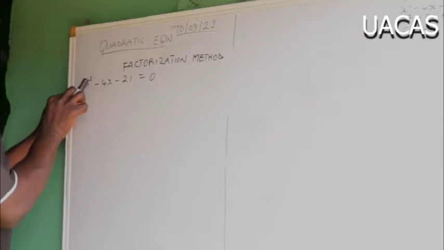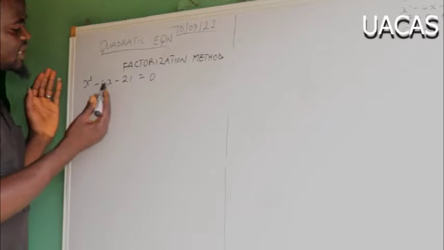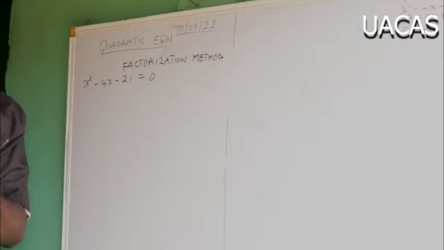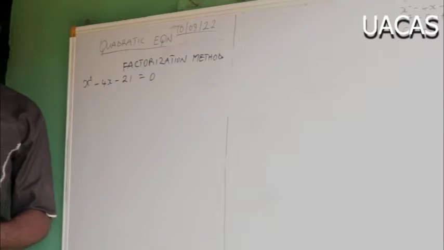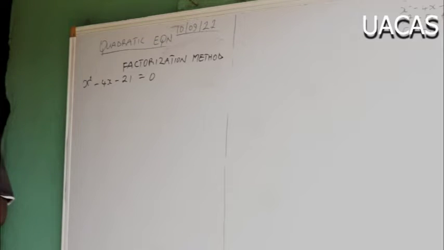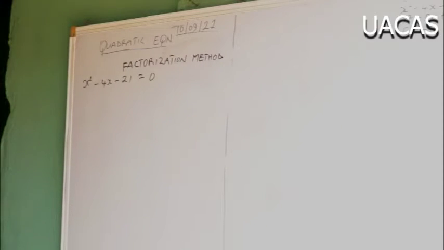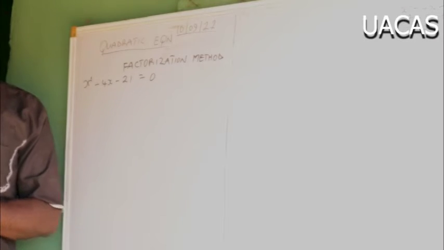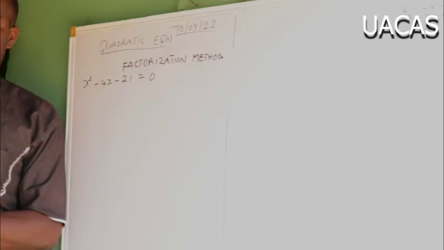There are some certain quadratic equations that we cannot use factorization method on because the left-hand side will not be factorizable. And when the left-hand side is not factorizable, then that will take us to the next topic we'll treat next week, Friday. We don't want to rush it. We are taking it one after the other so that you can get everything. We'll treat all the topics here. Just relax.